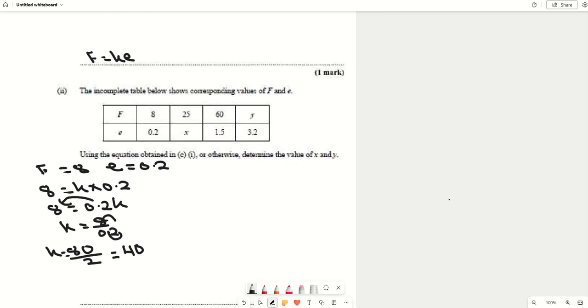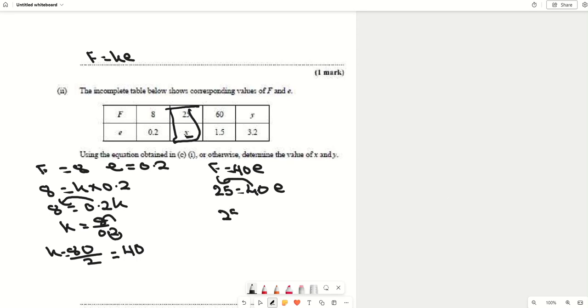So now we know that F is equal to, instead of K, we're going to put 40, so 40E. So when F is equal to 25, 25 is equal to 40 by E, which in this case is X, right? We want to make E the subject, so carry across 40.